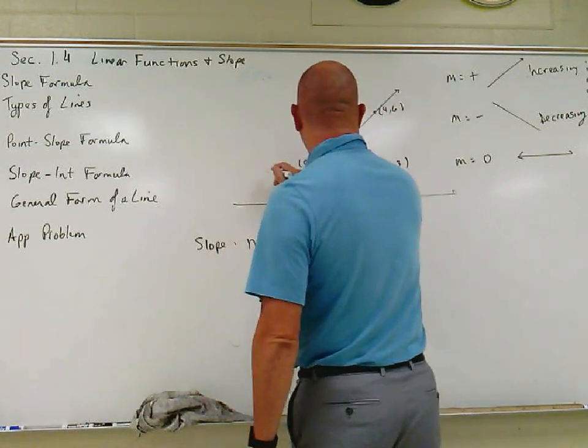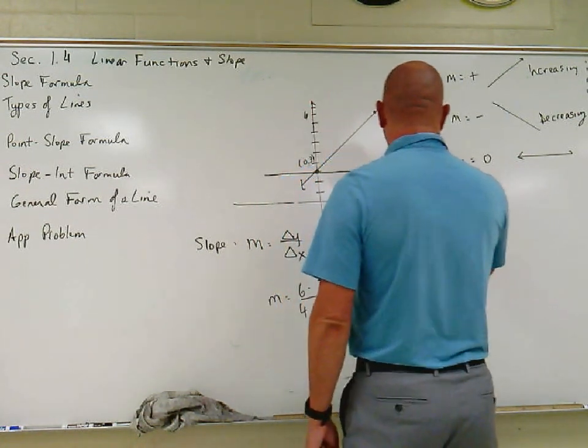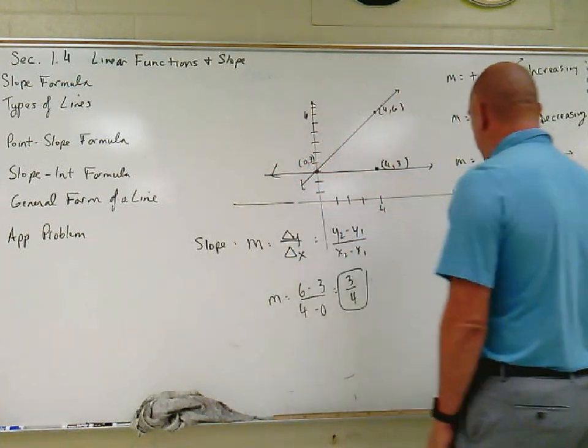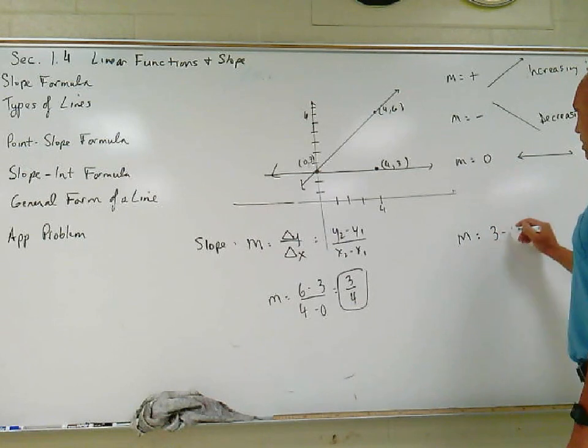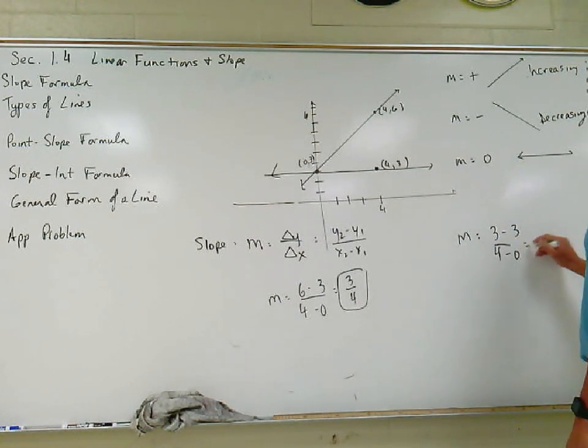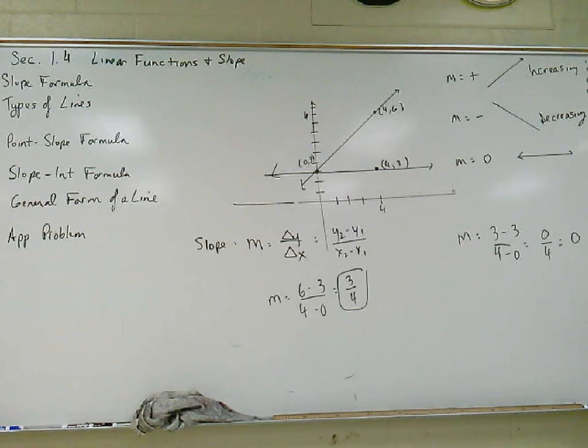All right, we had this line. Just to prove that the slope is 0 for that line, 3 minus 3 over 4 minus 0, you get 0 over 4, which is 0. 0 over any non-zero number is 0. The bottom cannot be 0 in order to get the answer 0.